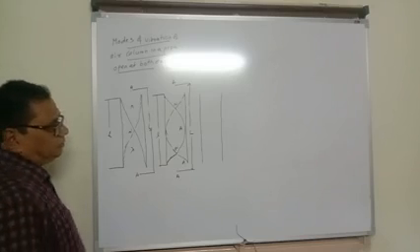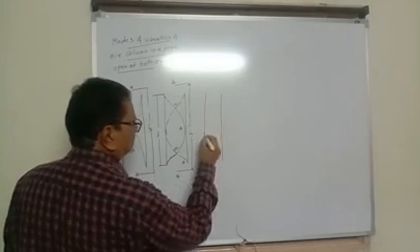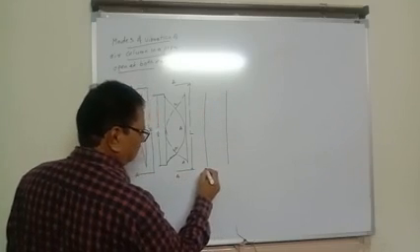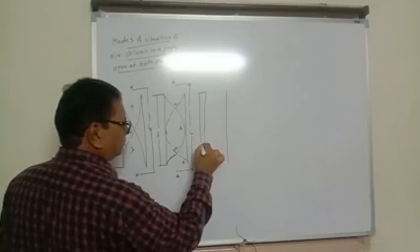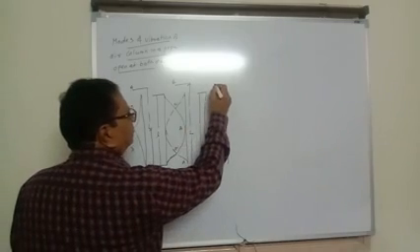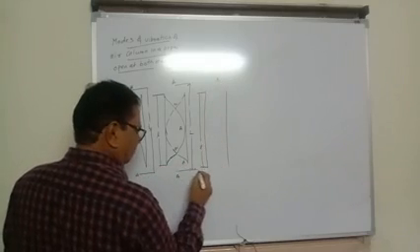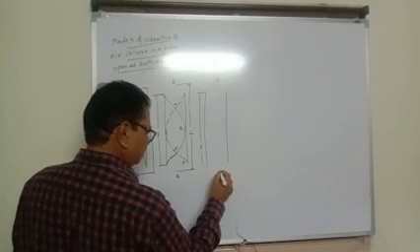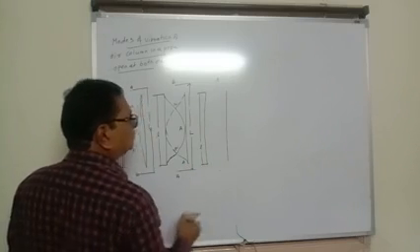Okay, next, last case. Let small l be the length of the air column. Again, antinode is formed at the open end at the same level.